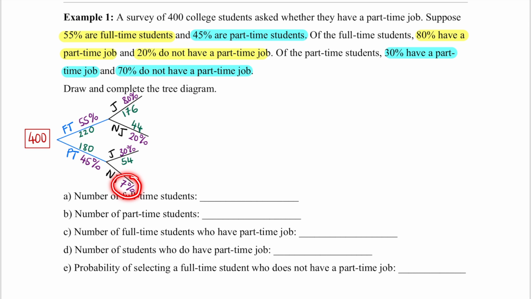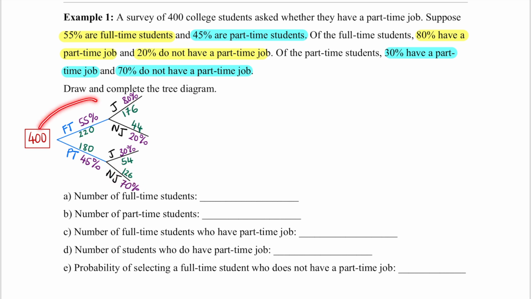So let's fix it. 70% of the part-time students do not have a part-time job. So we take 180 times 0.70 equals 126. 126 part-time students do not have a job.